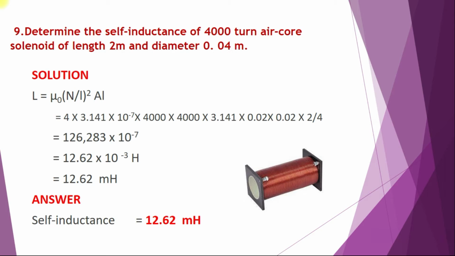So the equation becomes 4 into 3.141 into 10 power minus 7 into 4000 into 4000. Since it is a square, we are writing twice into 3.141 into 0.02 into 0.02 into 2 divided by 4. So the value becomes 12.62 into 10 power minus 3 Henry, which can also be written as 12.62 millihenry. So the answer is self-inductance is equal to 12.62 millihenry.